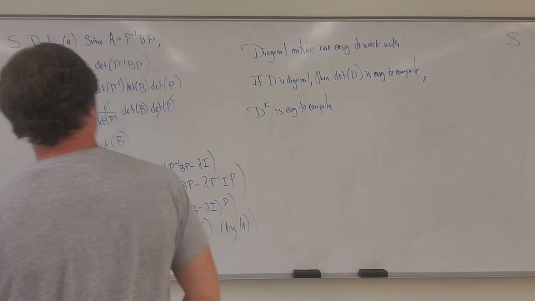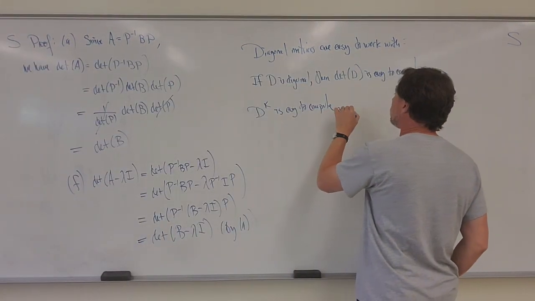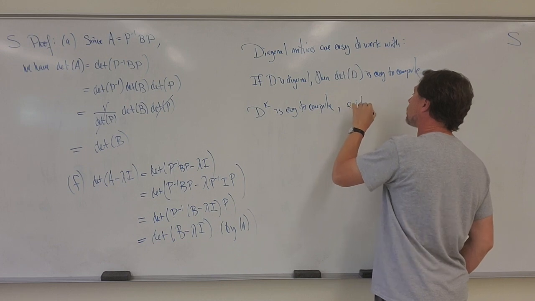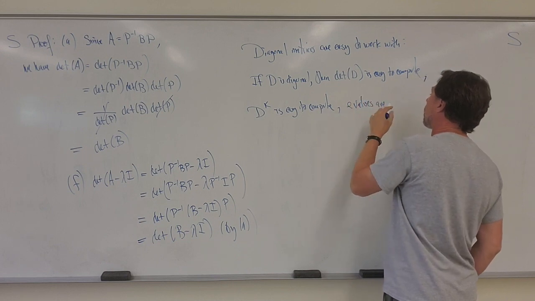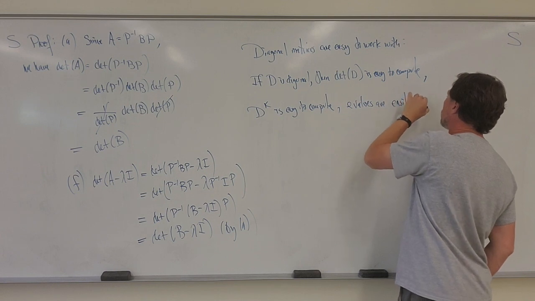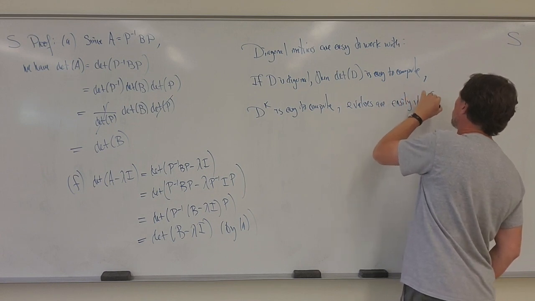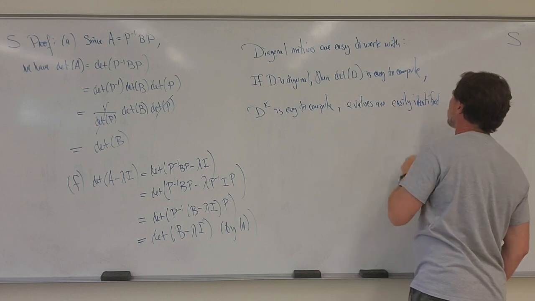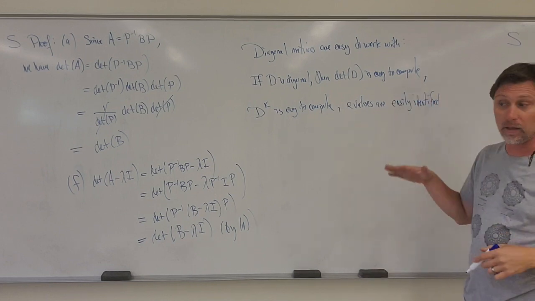What else? Oh, eigenvalues. So eigenvalues are easily identified. They're just the diagonal entries.